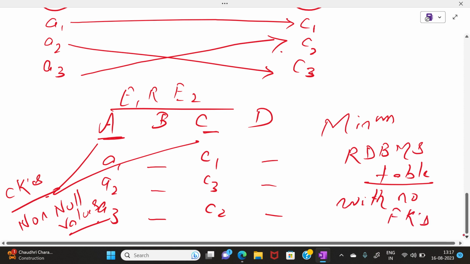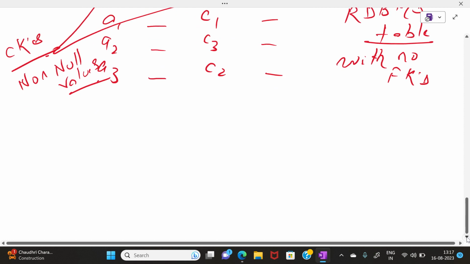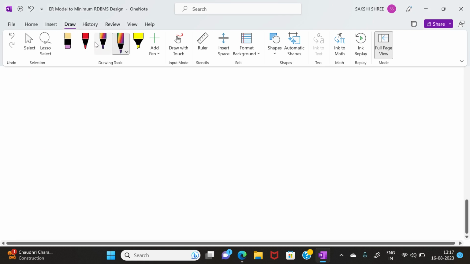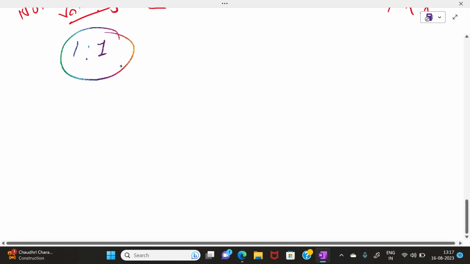right? We have already seen the one-to-one relationship table diagram, right? And what will be the minimum? So when there is one-to-one mapping, plus we have a total participation either at one end or both ends.